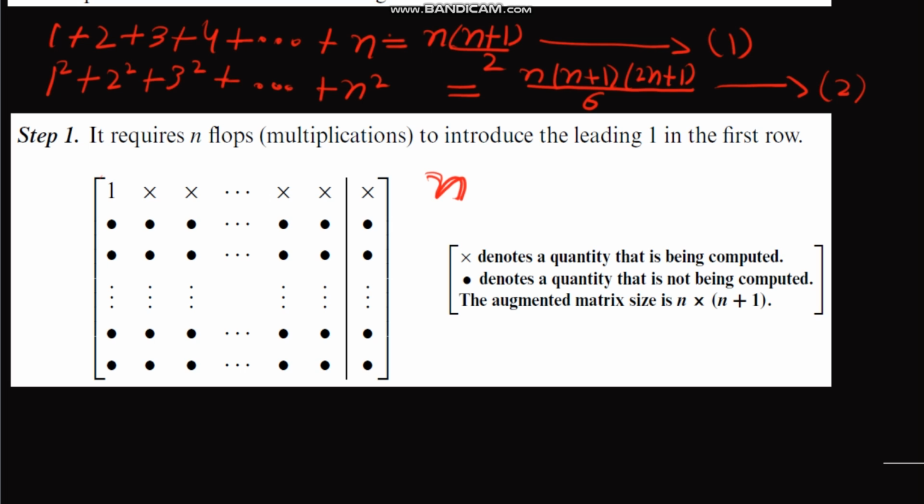We save one floating point operation. The computer just types 1 here and divides all the other elements by a11. So how many flops did we use here? We use n flops, as n multiplications.